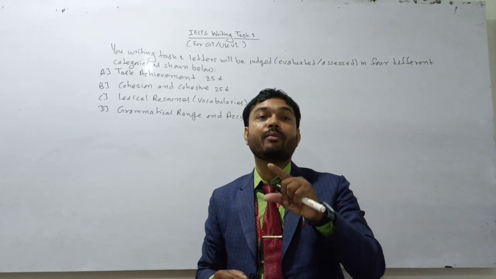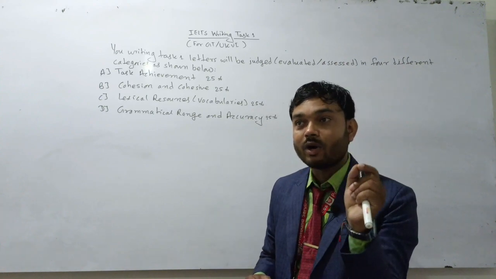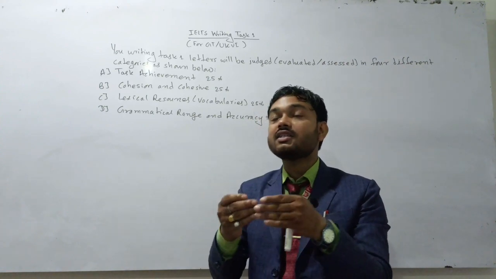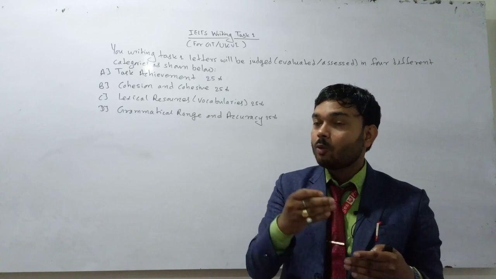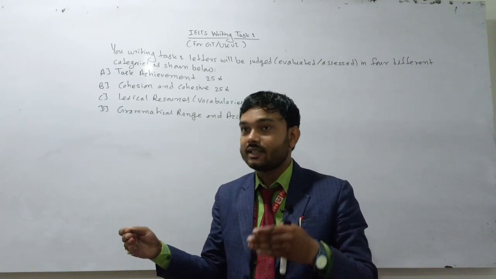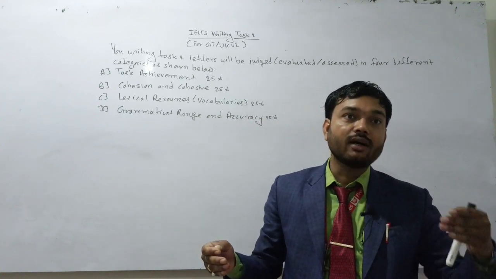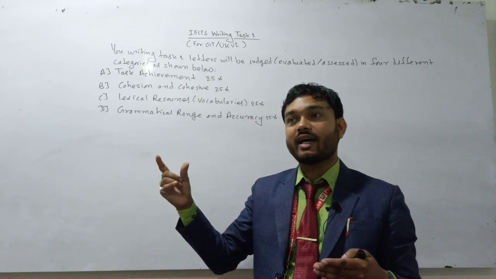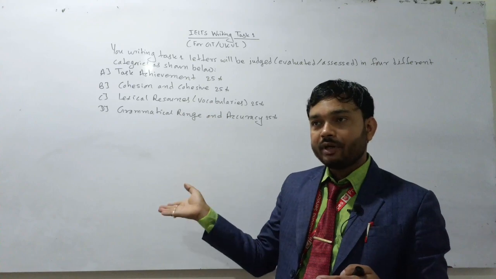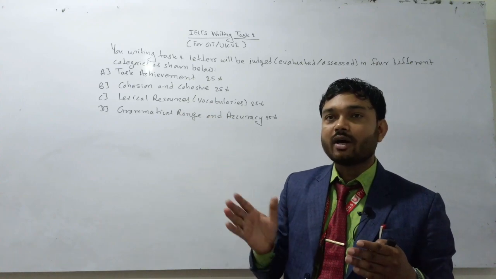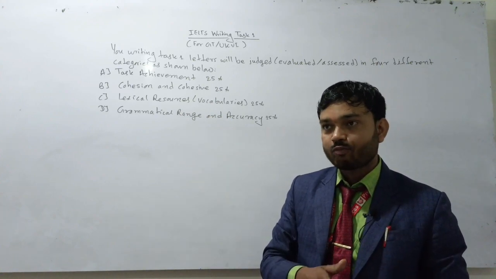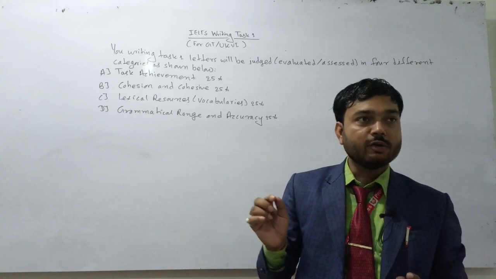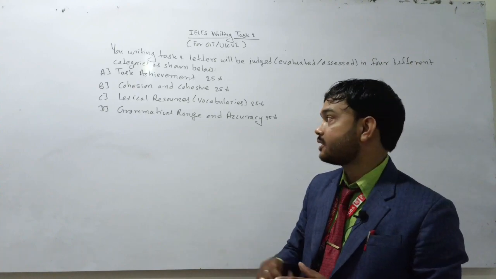Read the question once, twice, understand what the question is saying, what is the type of letter, is it personal, semi-formal or formal. In my previous topics I talked about the types of letters. So when you read the question here, you may have several ideas for this.